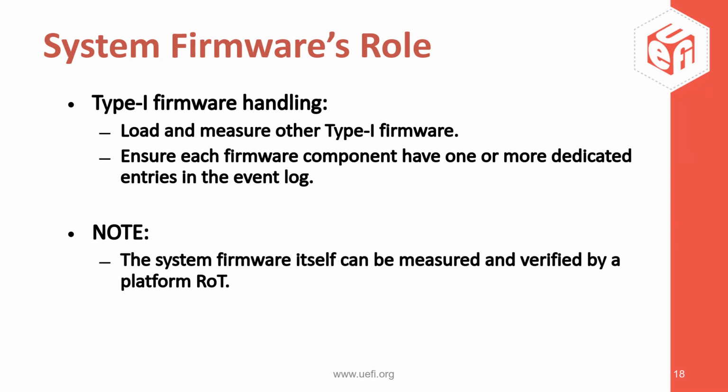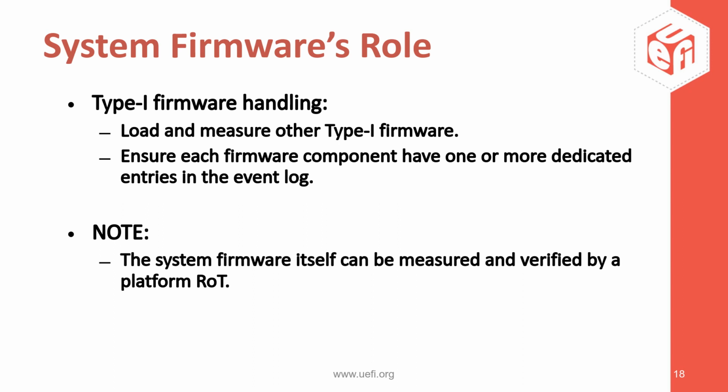By design, the system firmware should load and measure all the type 1 firmware. Take static root of trust for measurement as an example. The Intel authenticated code module loads and measures the BIOS initial boot block, which is known as the PI firmware volume. Then the PI firmware volume loads and measures the DXE firmware.